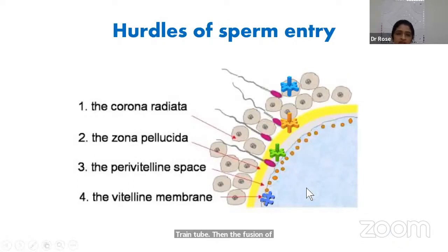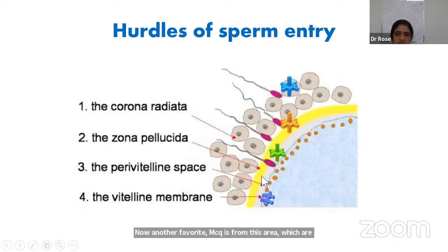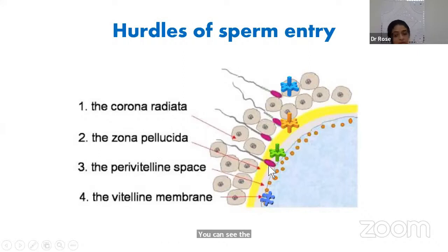Now, another favorite MCQ is from this area. Which are the hurdles of sperm entry? You can see the corona radiata, the zona pellucida, the perivitelline space, and finally the vitelline membrane of the oocyte.